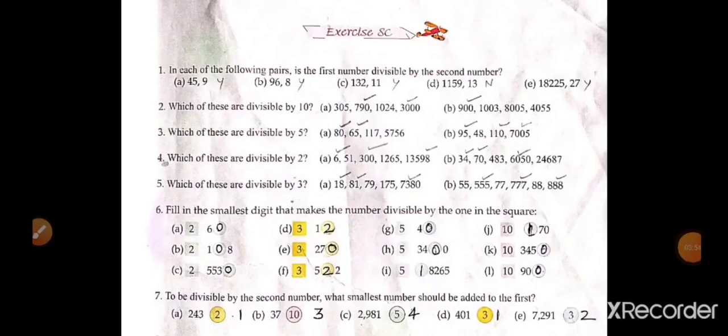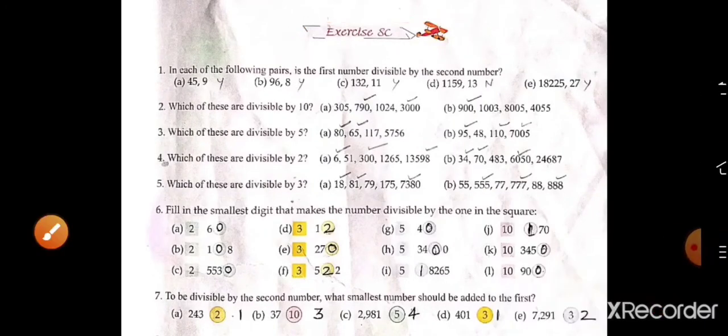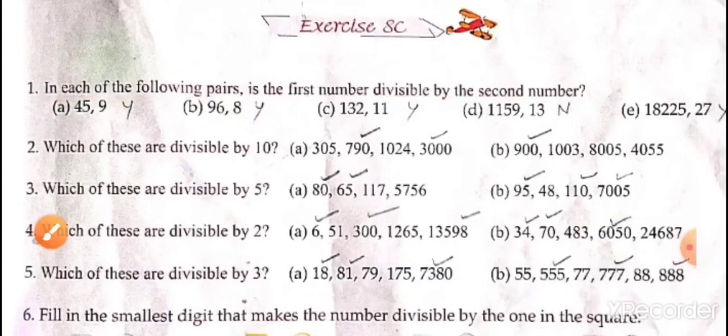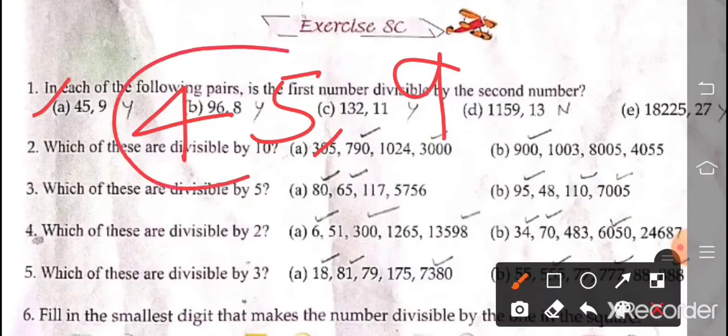At page number 63, exercise 8C. Question number 1: in each of the following pairs, is the first number divisible by the second number? First, A part, 45 and 9. The question is whether the first number is divisible by the second number.